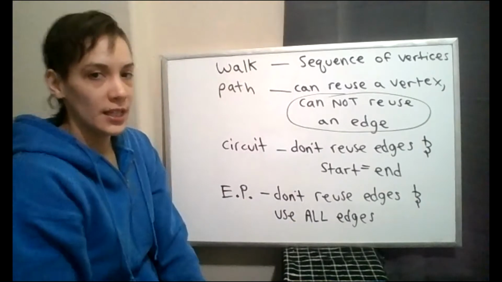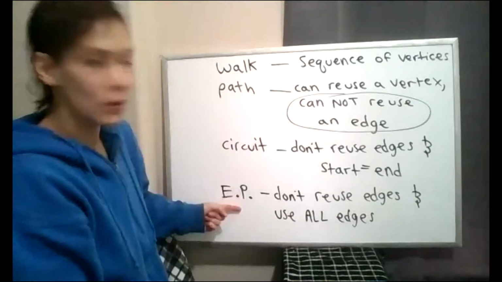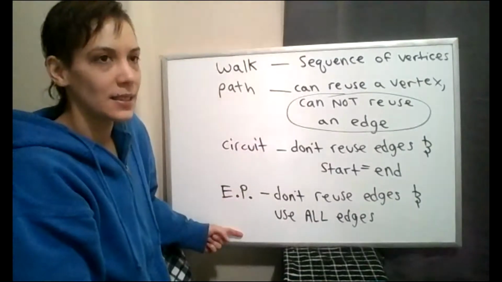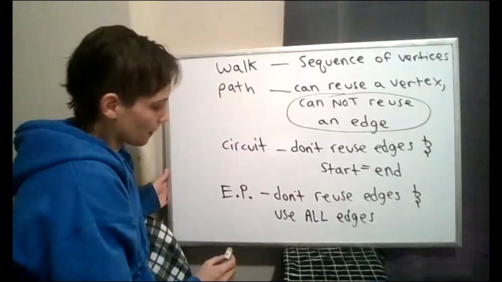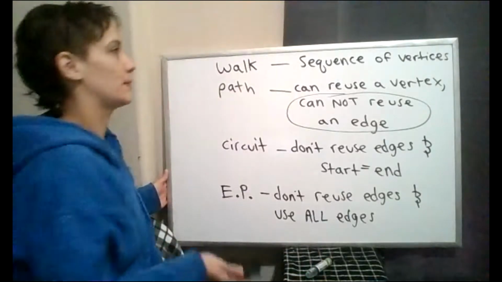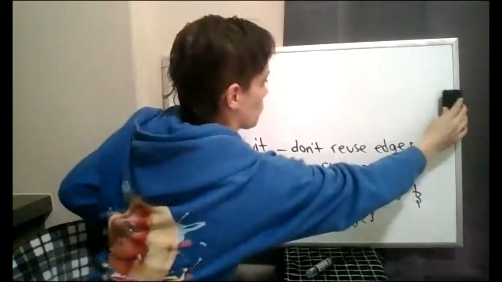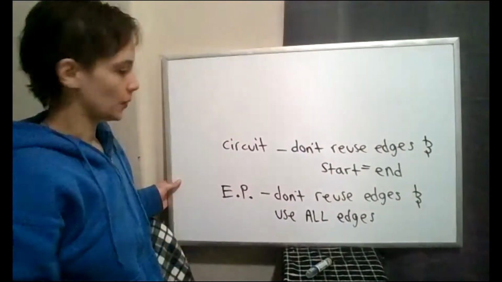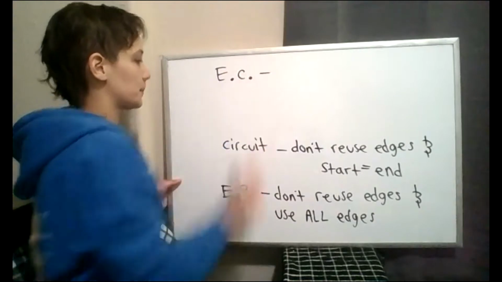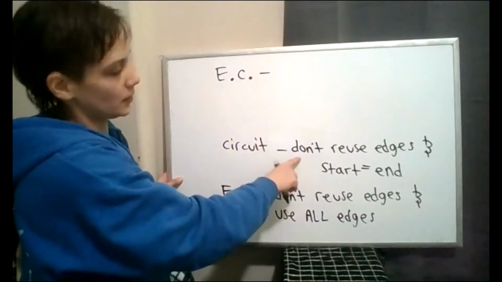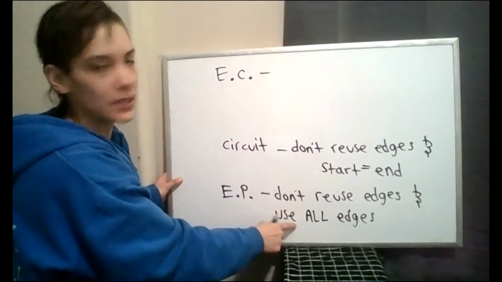And then the Euler circuit is a path and a circuit and an Euler path, and the start is the same as the end. Don't reuse edges, starts the same as the end, and use all of the edges.